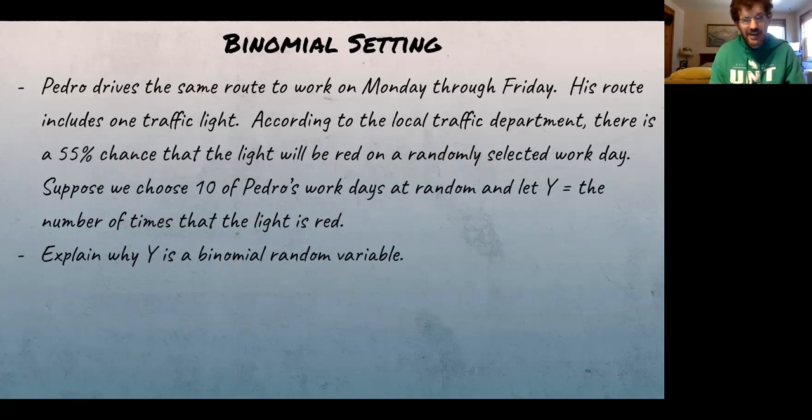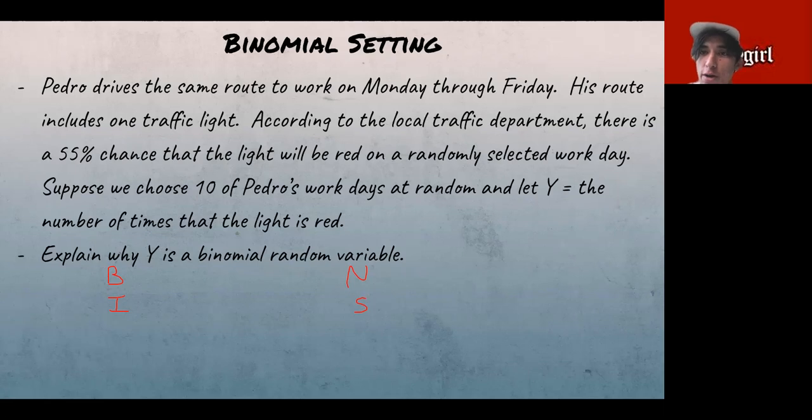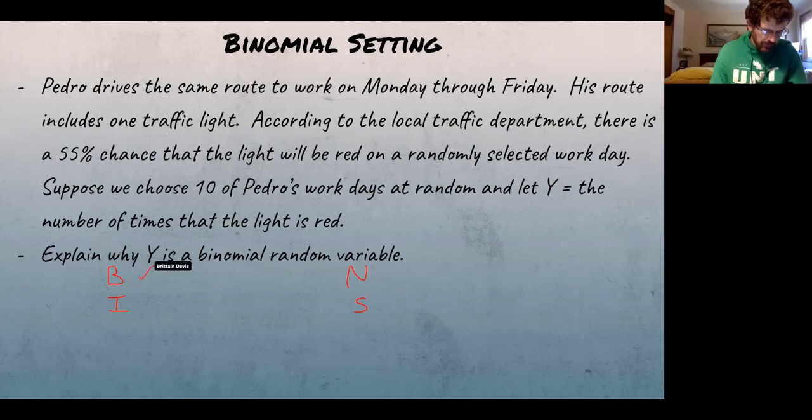So they're not even asking is it, they're telling us it is. But regardless, we're still looking at this. Why is it binary? Because it can either be red or not. There you go. In this case, success is red and failure is not red.